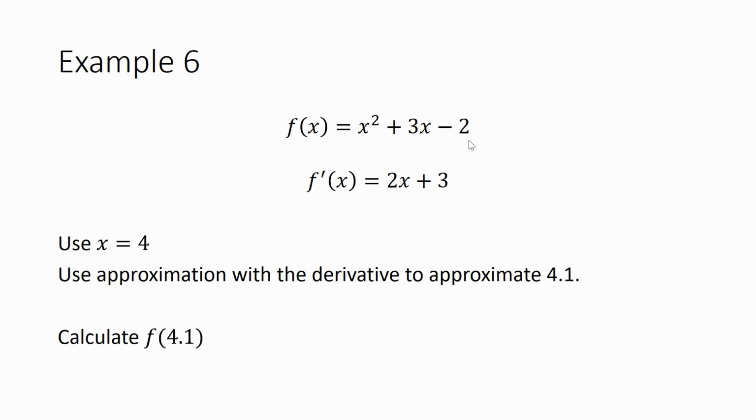We want to utilize that because we already know the derivative of that function. We've seen it a few times now. So the derivative of that function is 2x plus 3. Let's say we want to use x equals 4 to approximate the value when the x value is 4.1.